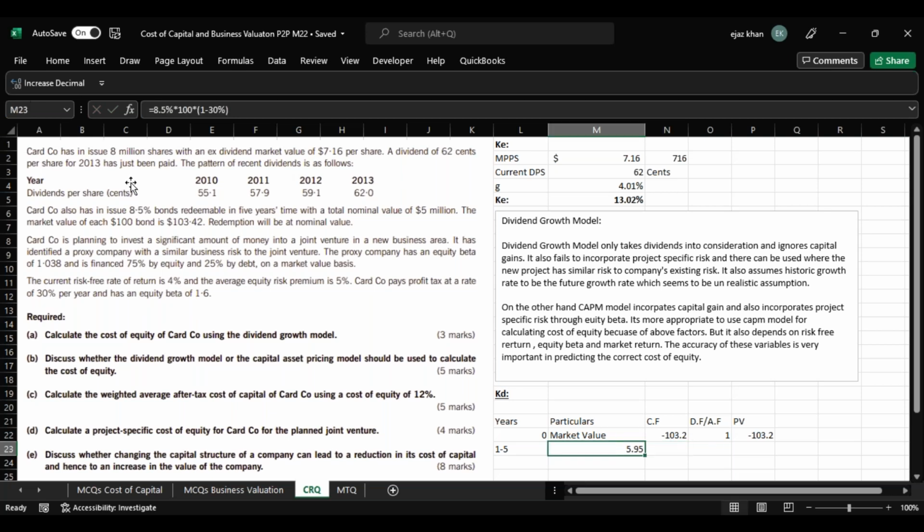That's the amount of interest that we'll be paying from year 1 to year 5, and the annuity factor will be 1 minus 1 plus r raised to the power minus 5, divided by r. We have to assume a rate in order to get a positive NPV, and let me assume a rate of say 5%, raised to the power minus 5, divided by 5%.